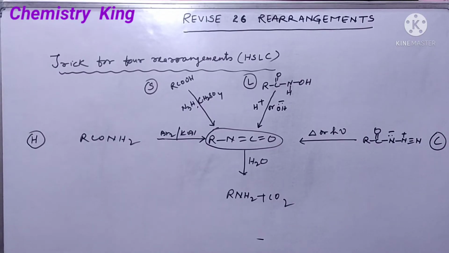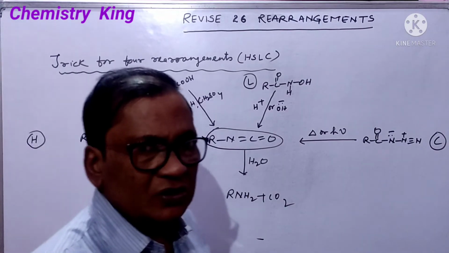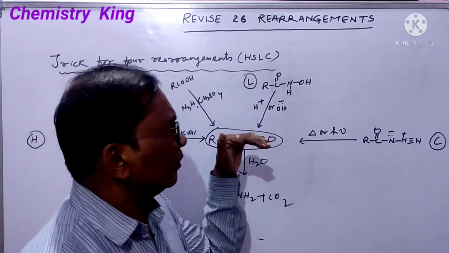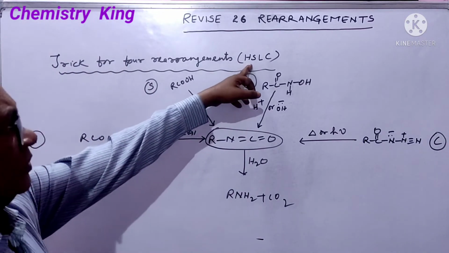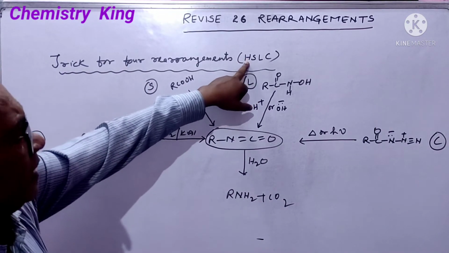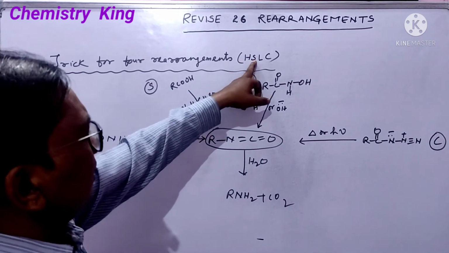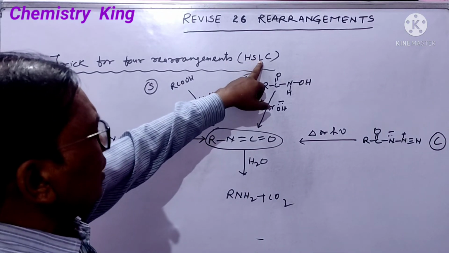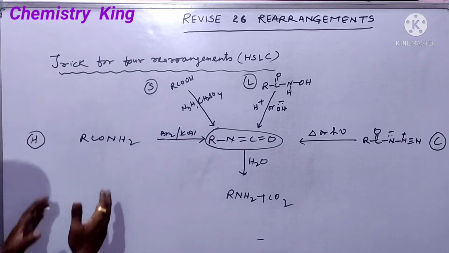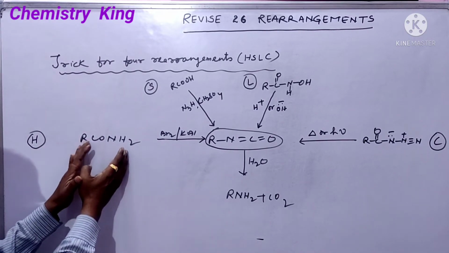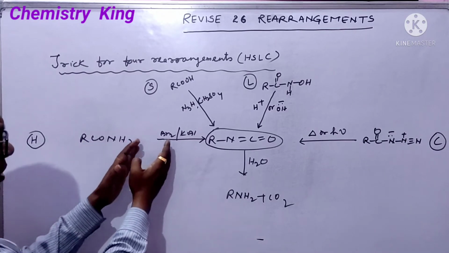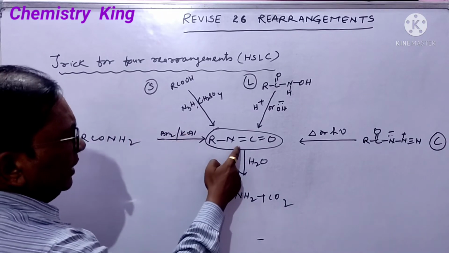Now we will see a trick to remember the 4 rearrangements which have been taught before. High school living certificate: Hofmann rearrangement, Schmidt rearrangement, Lossen rearrangement, Curtius rearrangement. In the Hofmann rearrangement, the amide is treated with bromine and KOH. You will get isocyanate.